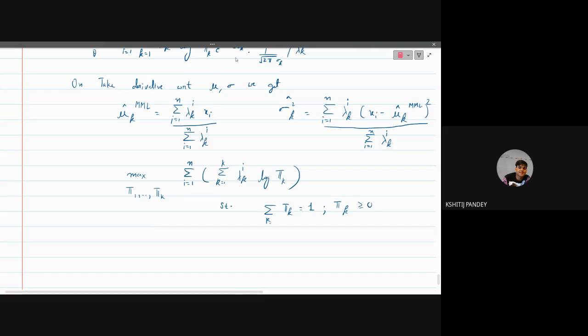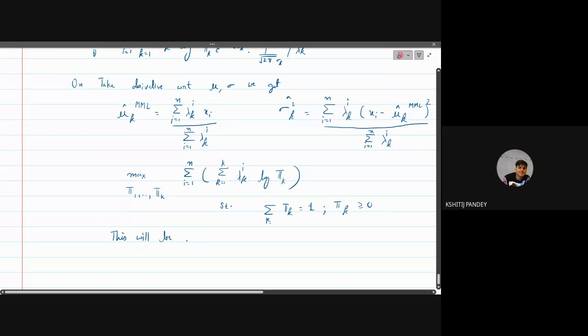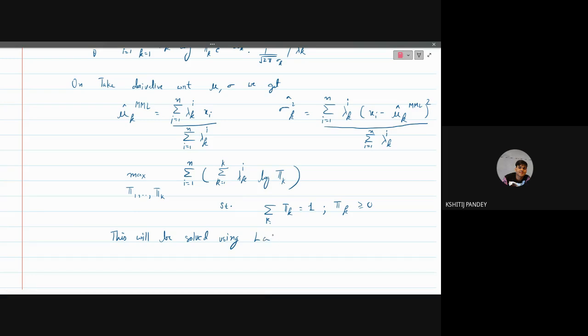This will be solved using Lagrange multipliers. You may have covered it in MLF.